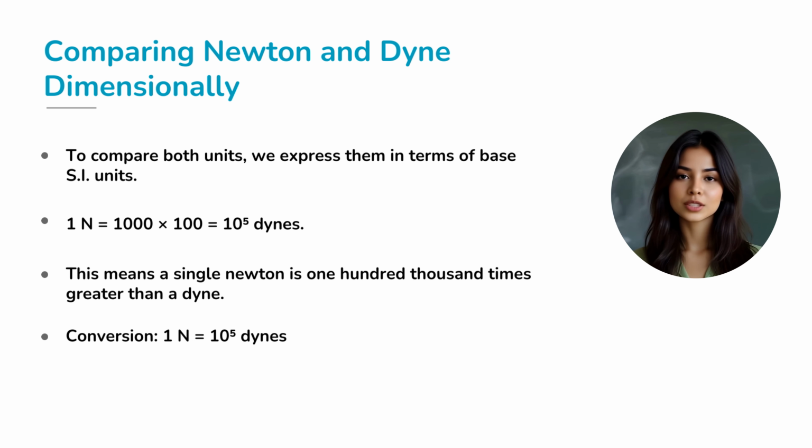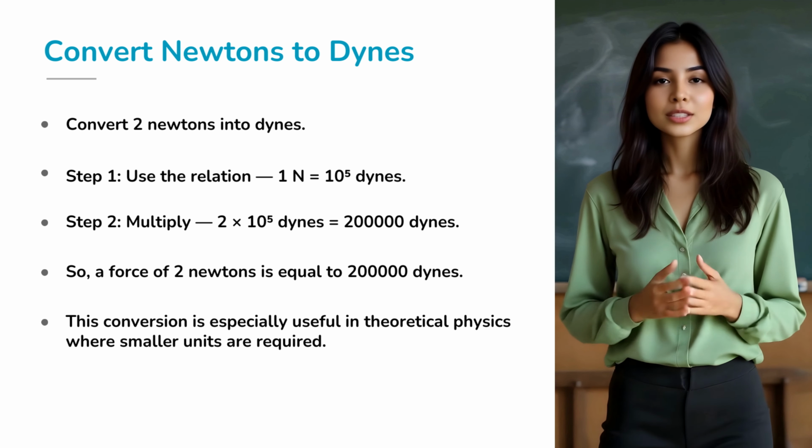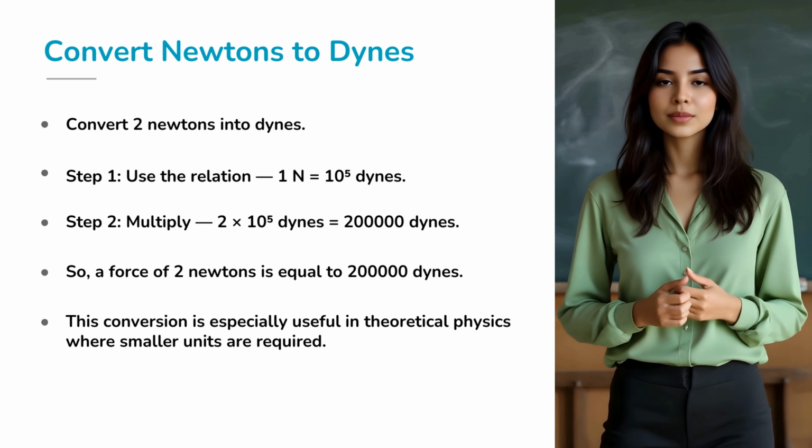Or in exponential terms, 1 Newton equals 10 raised to the power 5 dynes. So the Newton is a much larger unit. We use it for macroscopic systems like vehicles and machines, while the dyne is used for microscopic systems like cells and molecules. Let's solidify this concept with a quick example.